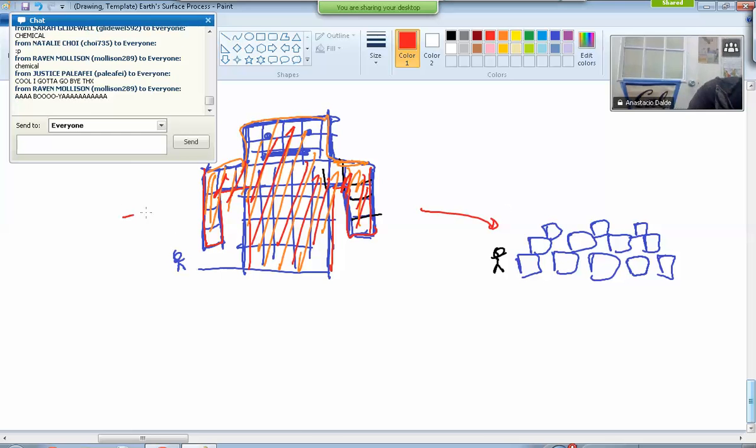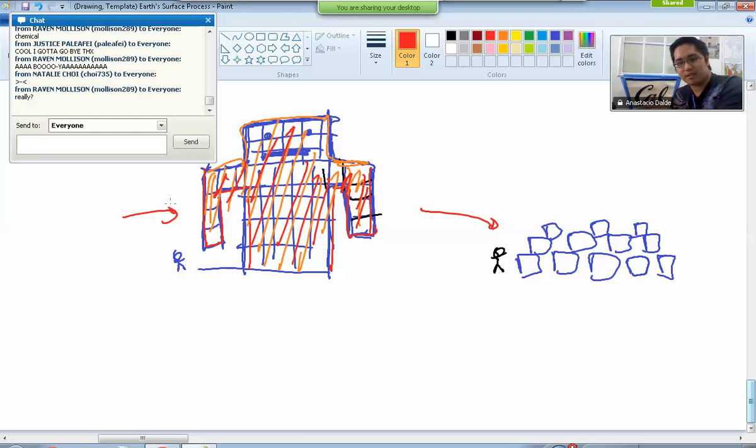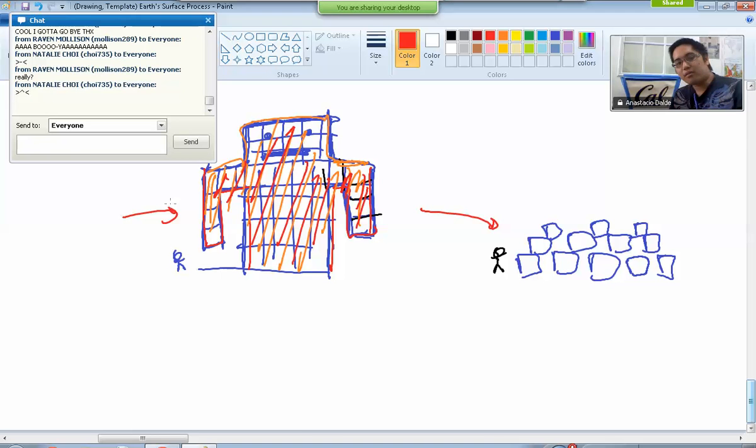When I talk about erosion, which is what we're going to get into next quarter, because I'm going to put a pause on all of the stuff I'm teaching you, and next week I'm going to start teaching you ACT stuff. But when I talk about erosion, what's going to happen to this big pile of stuff?